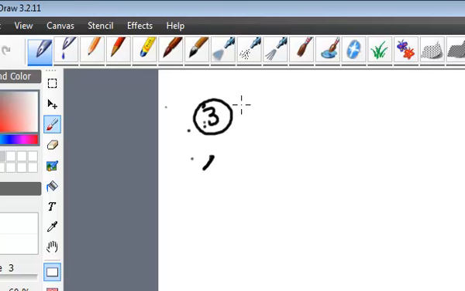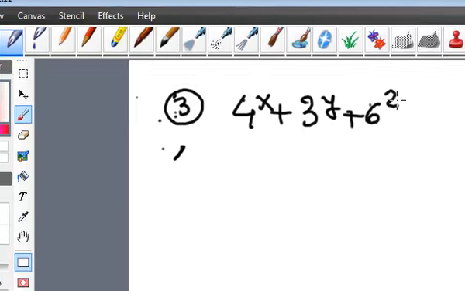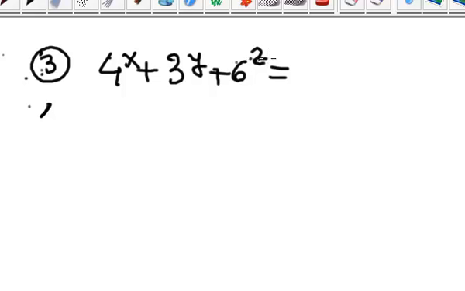Solve in natural integer numbers: 4 to the x power plus 3 to the y power plus 6 to the z power equals 1540.